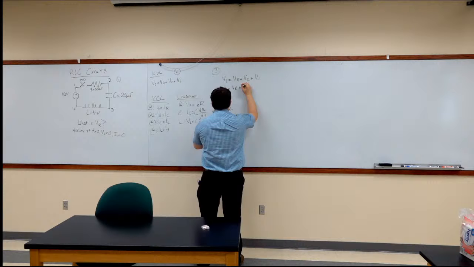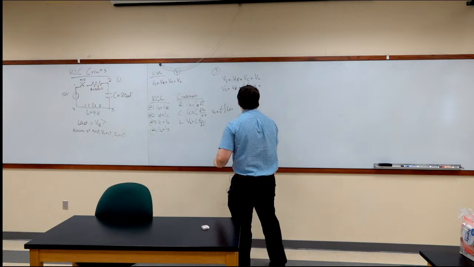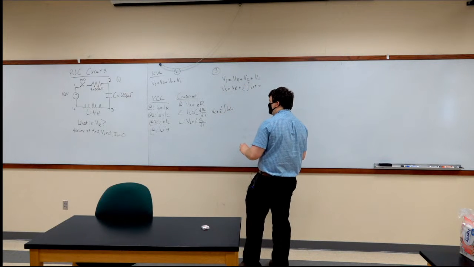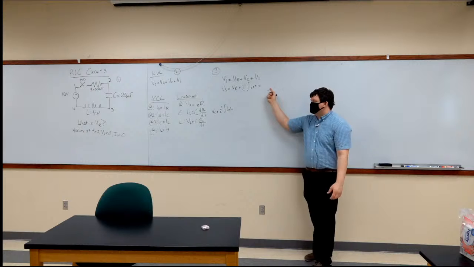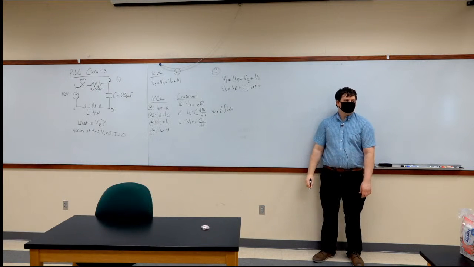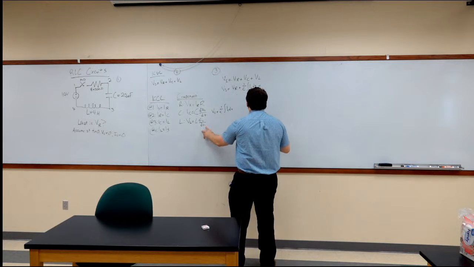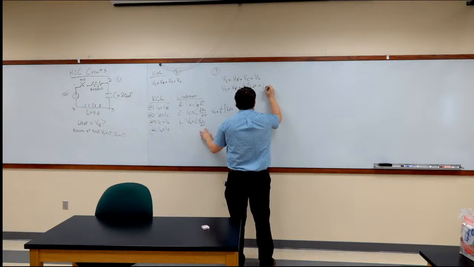So this is 1 over C integral IC dt. And then VL, which is, where is an equation that we have that has VL in it? We got this one. So we can just plug in L DIL dt.